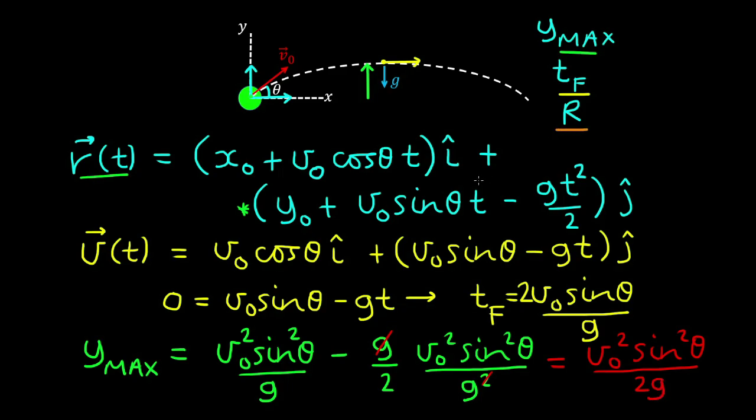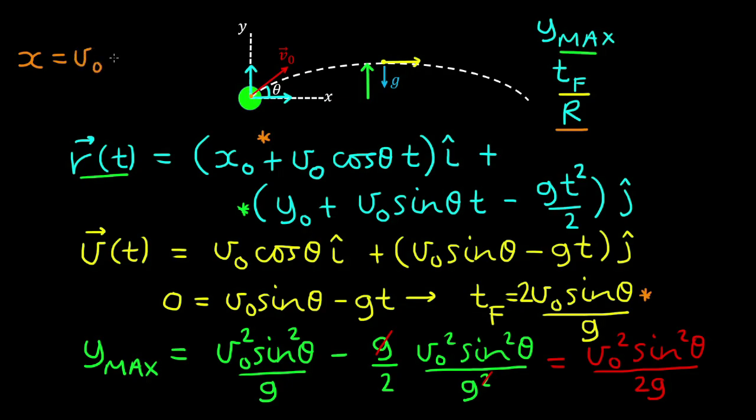And to find the range of the projectile, we can substitute the total time of flight into the x component of the position. So we have x, and we'll ignore x naught, where we're taking the origin at the launch position of the projectile.